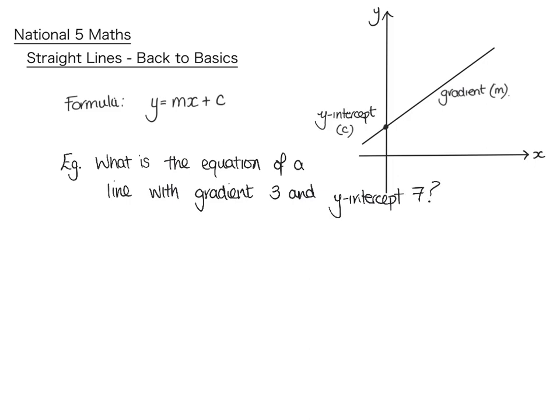So in this case we've got our original formula, so we know that y equals mx plus c. This here is our m, that is our c, so it just becomes y equals 3x plus 7.